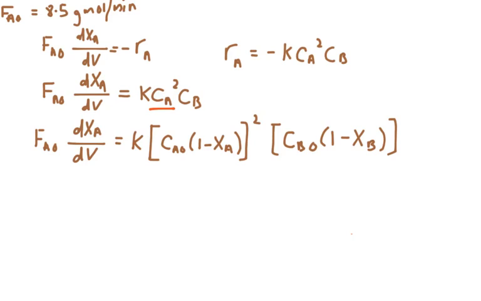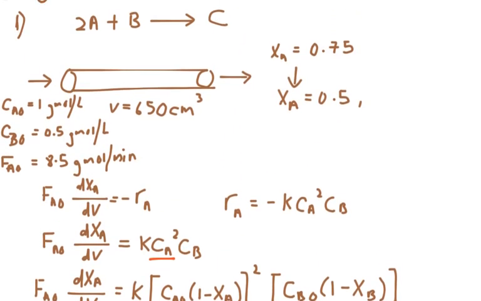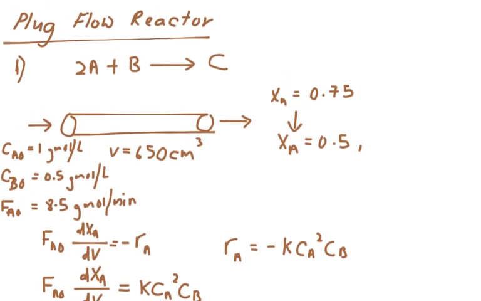You need to understand that conversion is dependent on the rate limiting reactant in the equation. This equation means that 2 moles of A will react with 1 mole of B to form product C. Assuming we have the same initial amount of reactant A and reactant B, eventually A will be used up first.